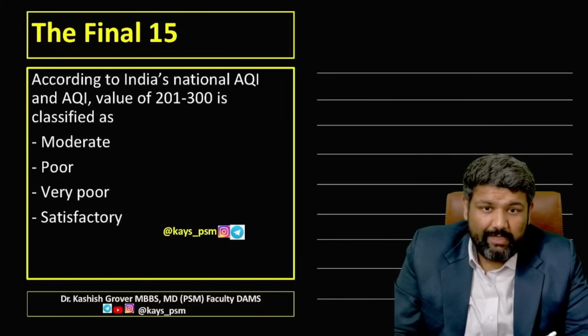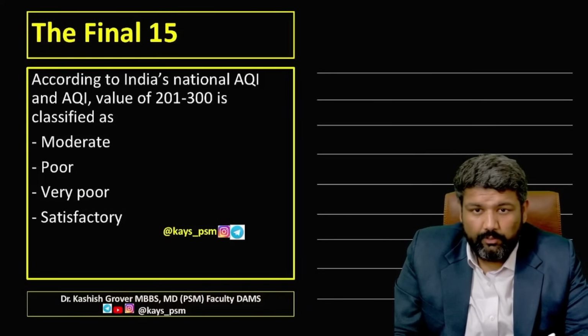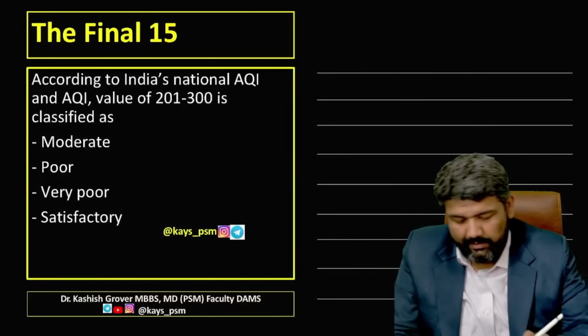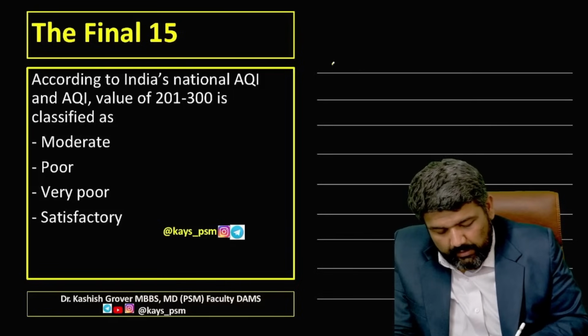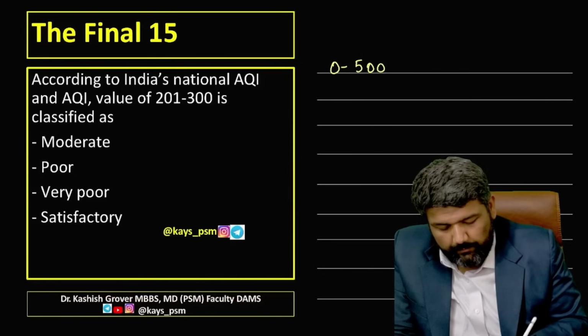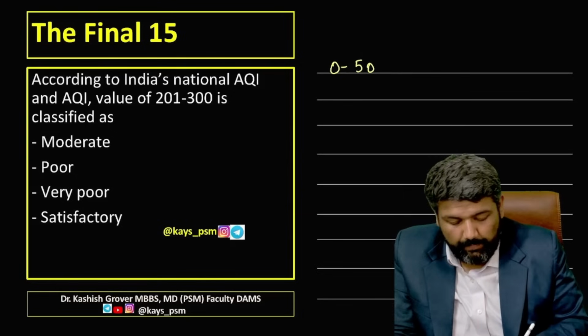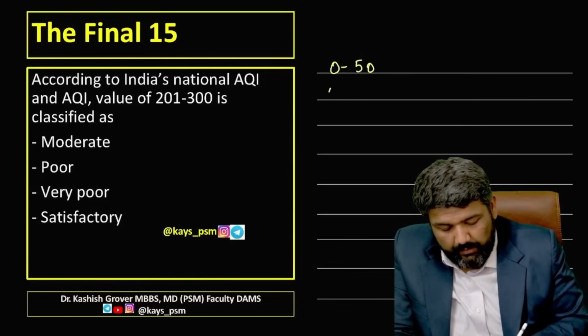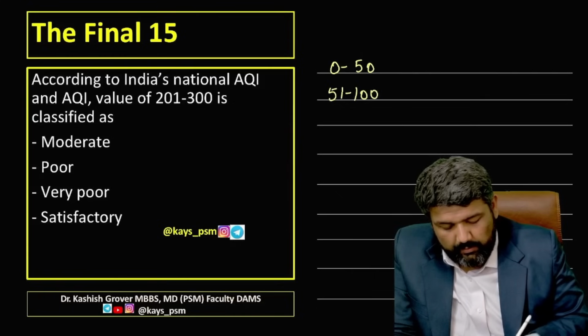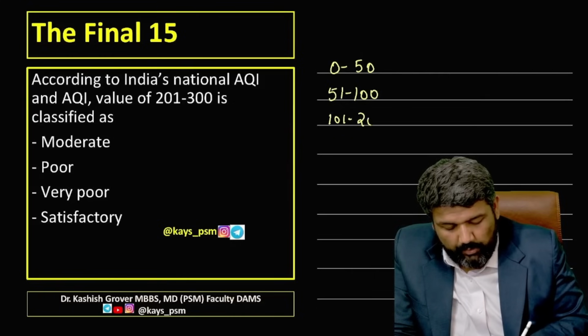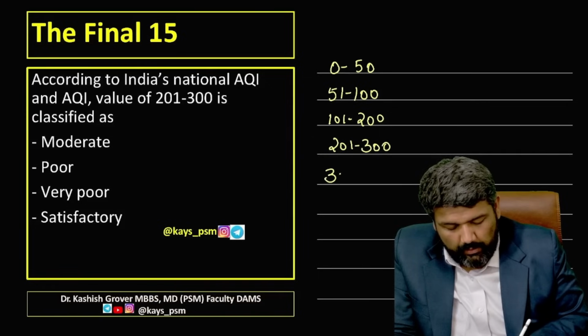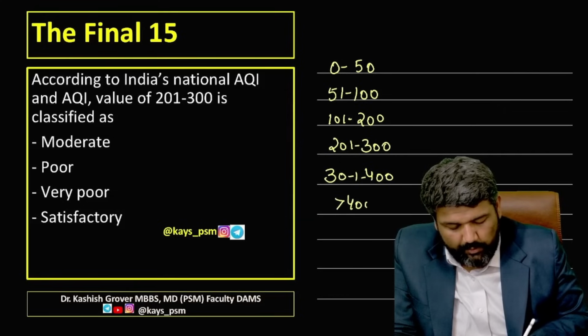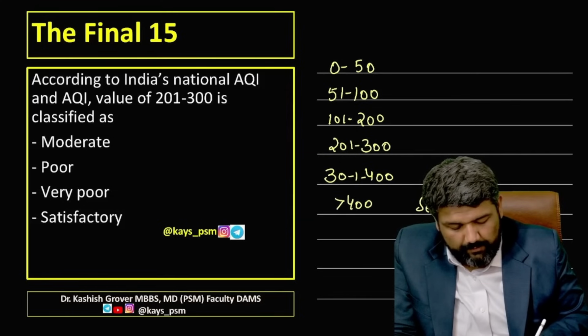According to India's national AQI, AQI value of 201 to 300 is classified as? The scale is 0 to 500: 0 to 50, 51 to 100, 101 to 200, 201 to 300, 301 to 400, and more than 400. This is severe.